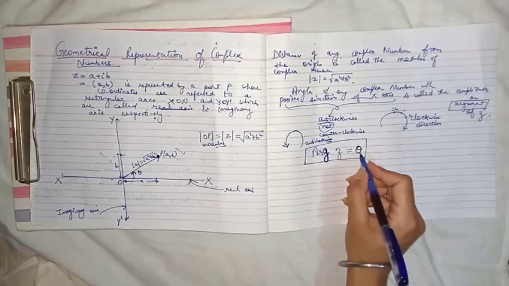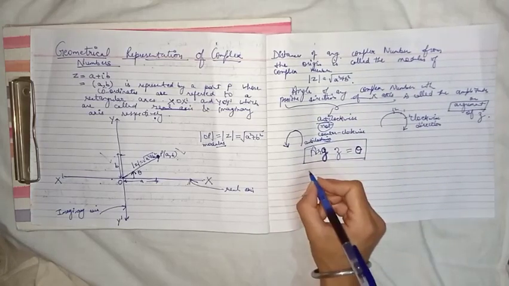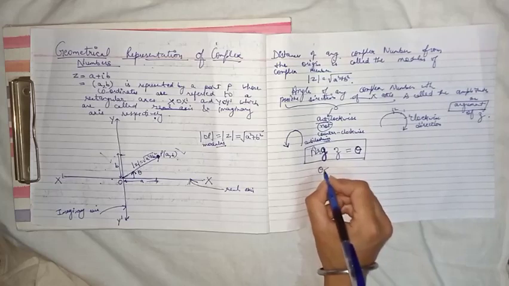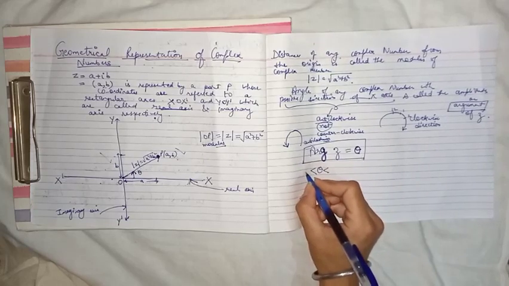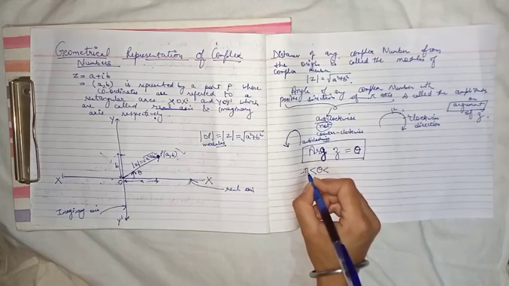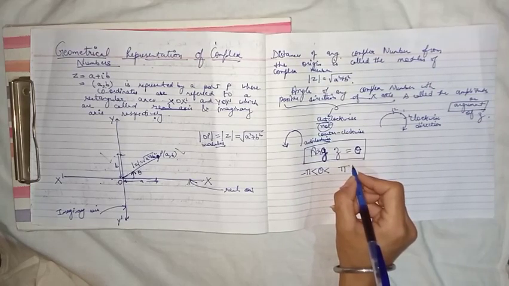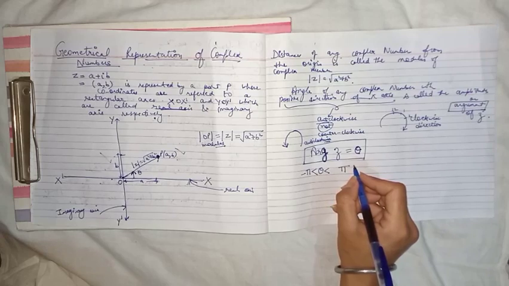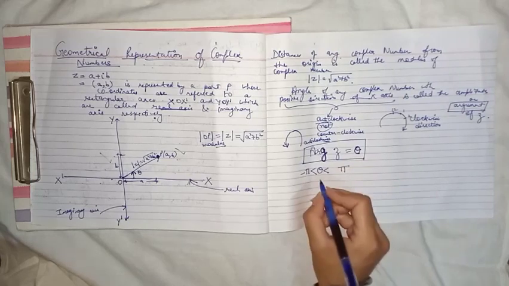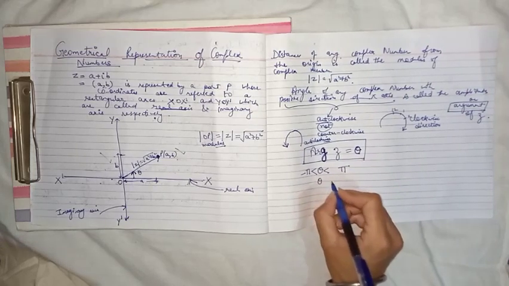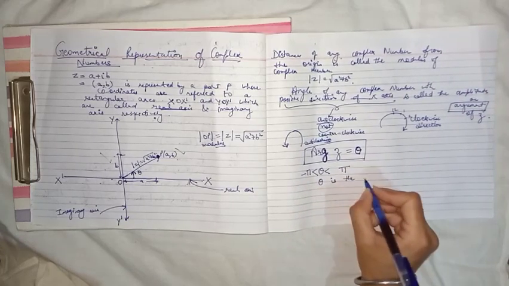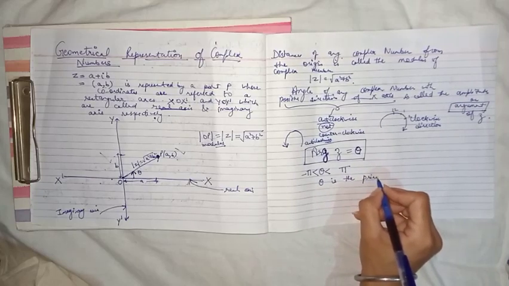This theta is general theta, but if you restrict the angle theta to lie between minus pi to pi, then we can say that theta is the principal argument.